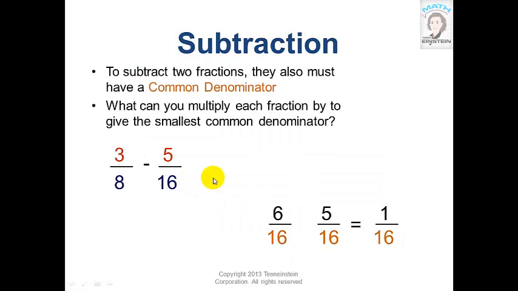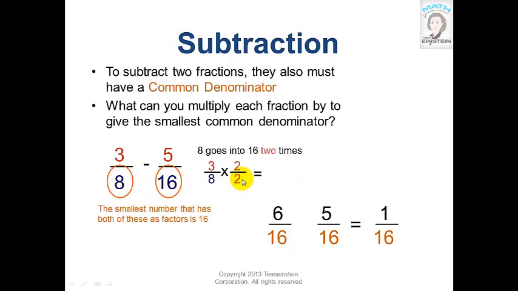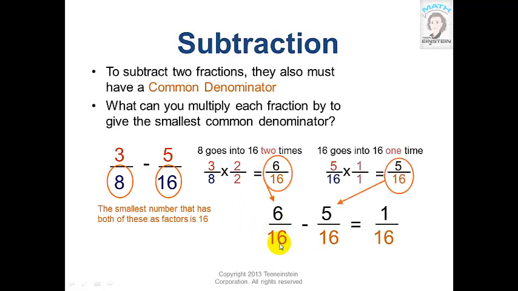Subtraction is also the same as addition. Bring the denominators to common denominators, then subtract the numerators. So here again 2 times 2, both numerator and denominator, same, 6 over 16, subtract, now you get 1 over 16.